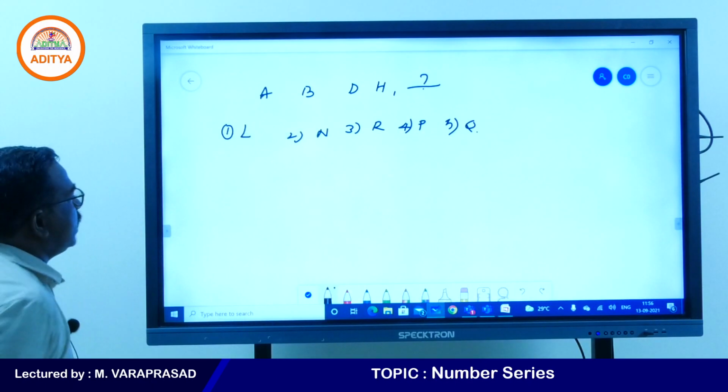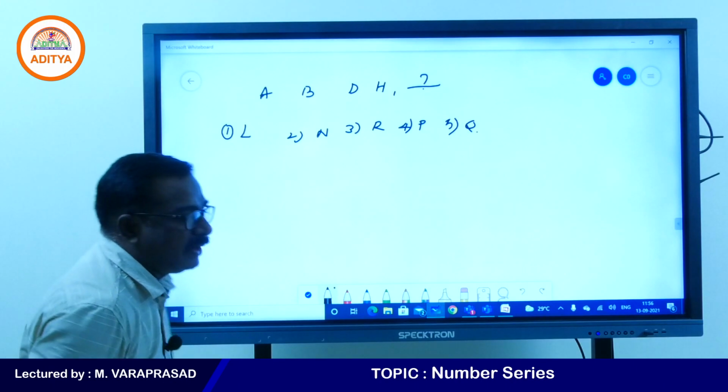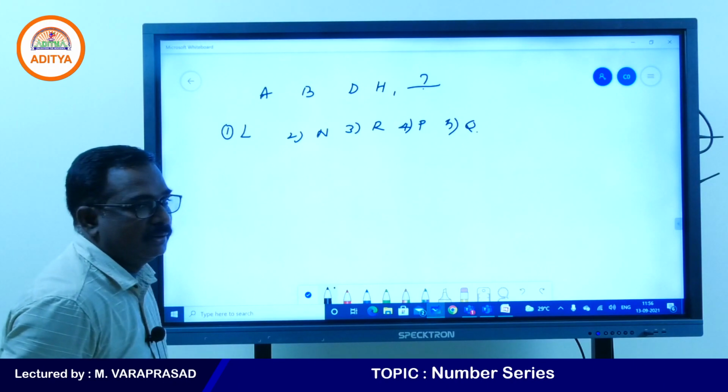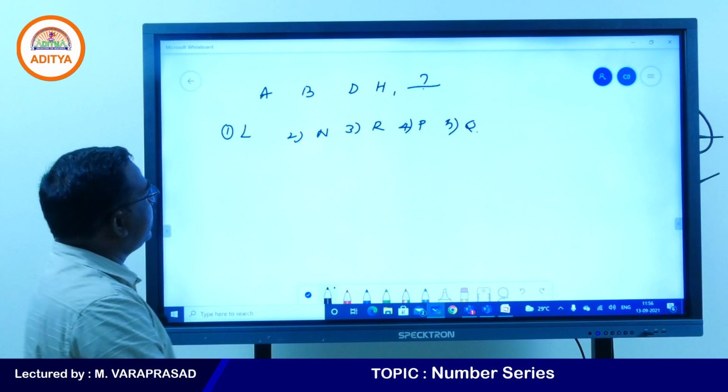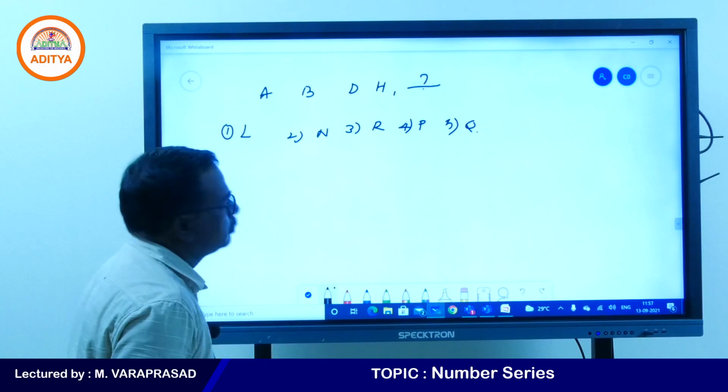A, B, D, H and question mark. By seeing the question itself, you will get an idea of plus 2, plus 4 like that, but that option is not there in the options, right? What answer will you get here?